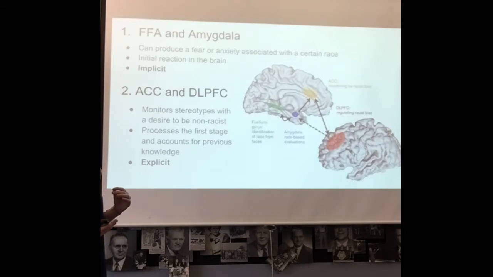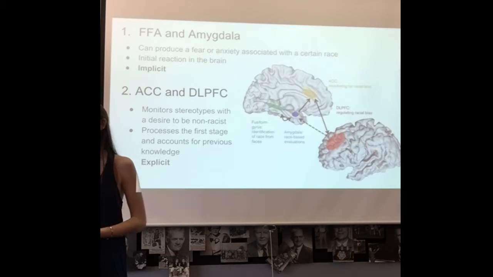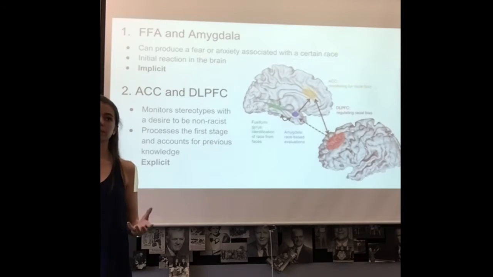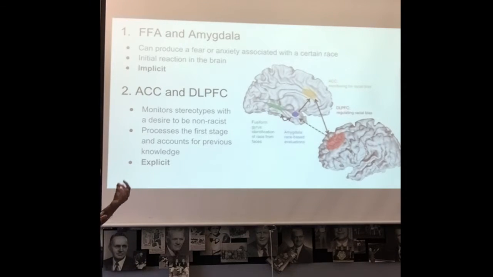And it ties back to the second study too, where they compare the results of an implicit and an explicit study, where the explicit study, the survey, is more indicative of the two stages combined, the product of those two stages, while the IAT, the implicit result, is more of an immediate product of the FFA and amygdala.